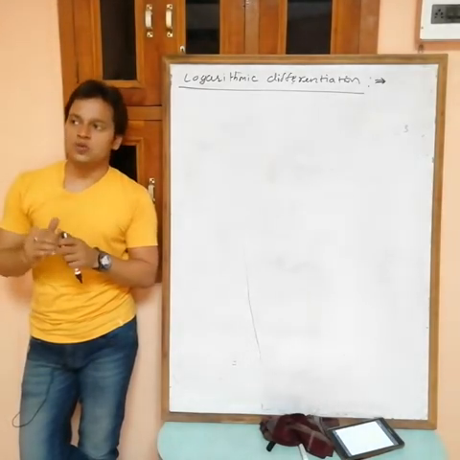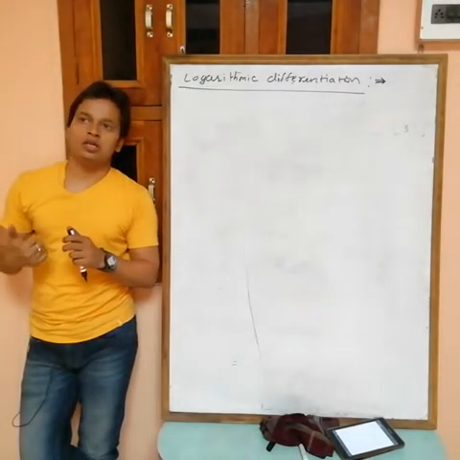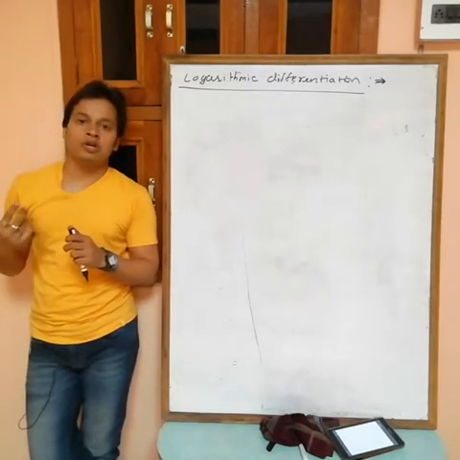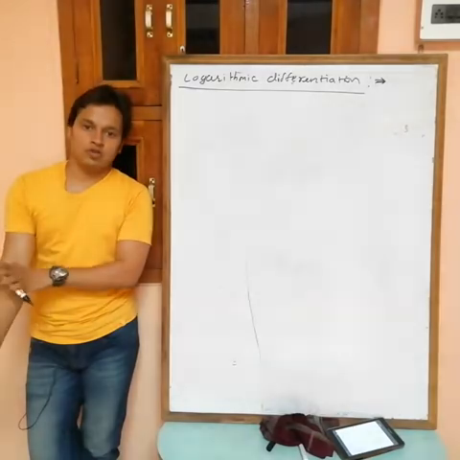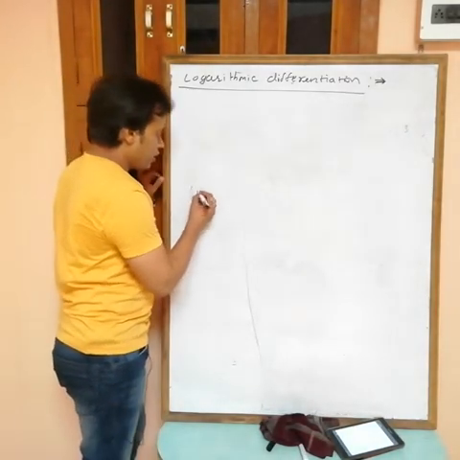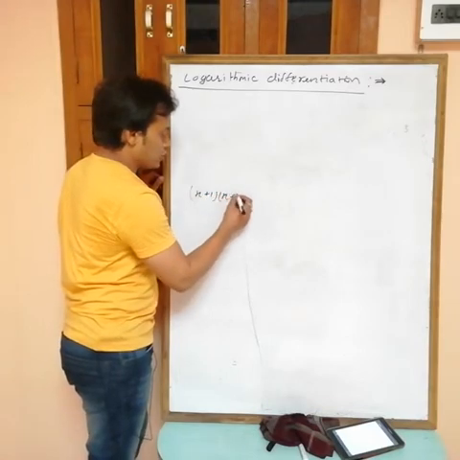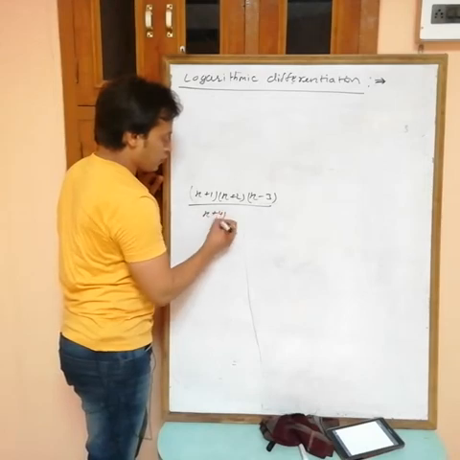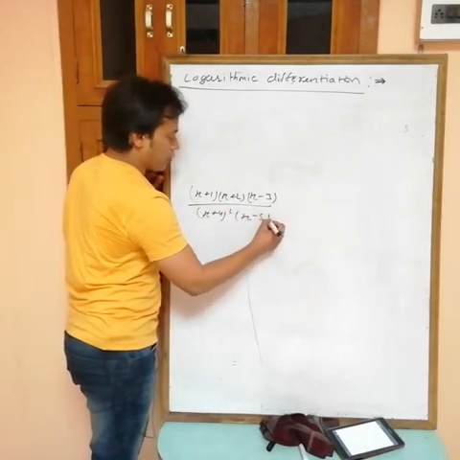First one: if in any question you have a product or division of a number of functions. Suppose you have something like (x plus 1) into (x plus 2) into (x minus 3) by (x plus 4) power 2 into (x minus 5) power 6.